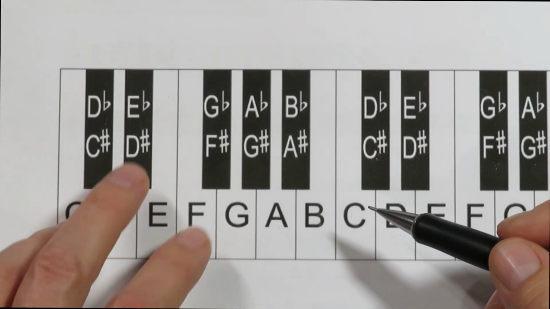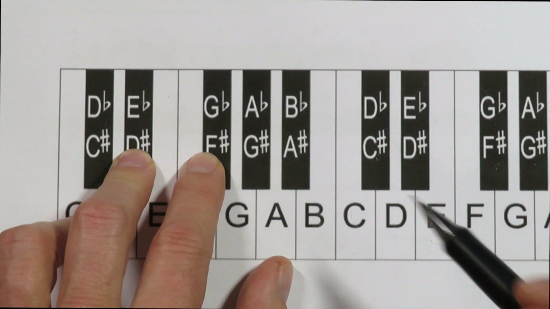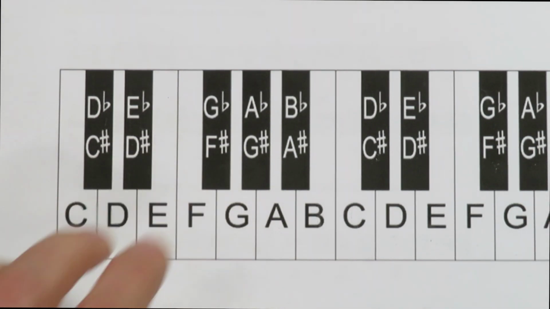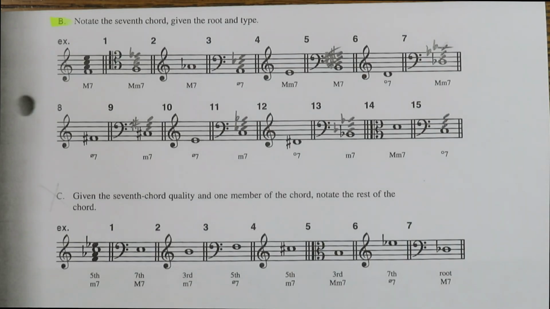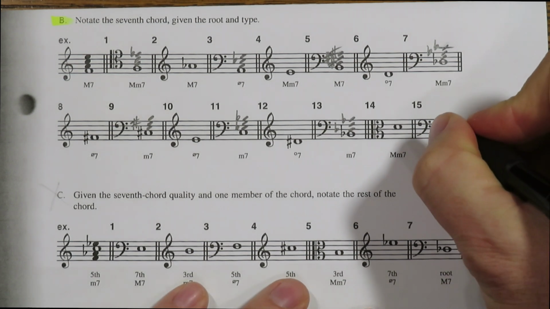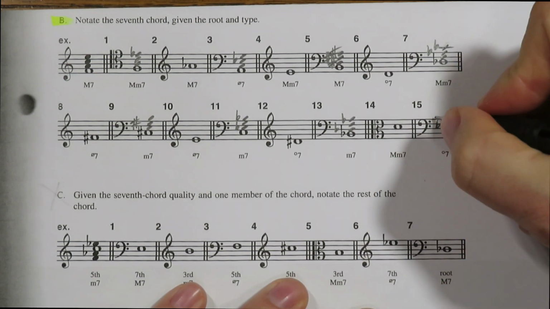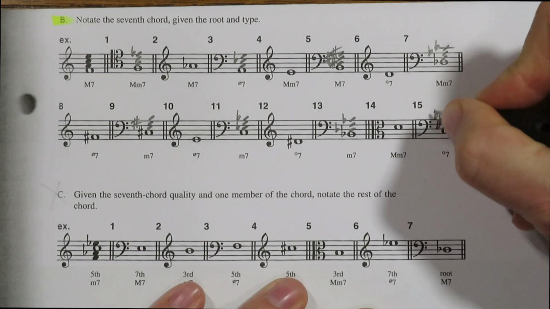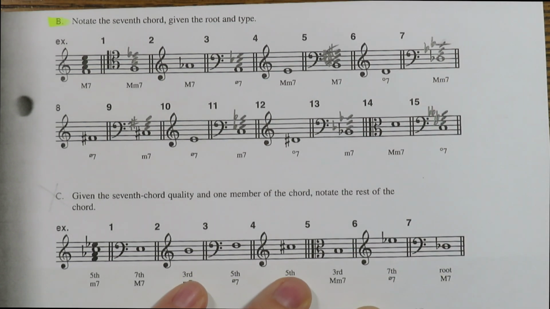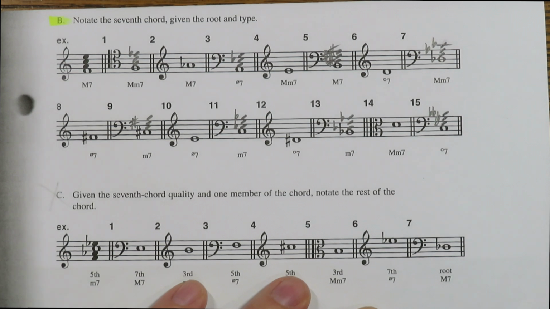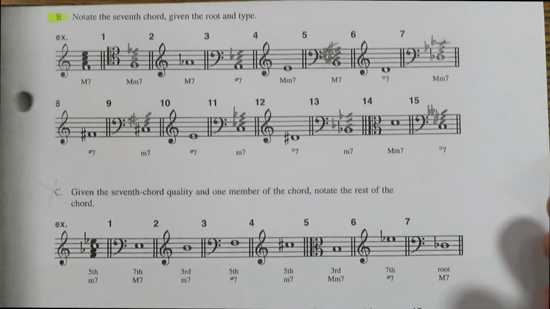So you've got the C, E flat, G flat, B double flat. Okay, that's kind of cool, huh?